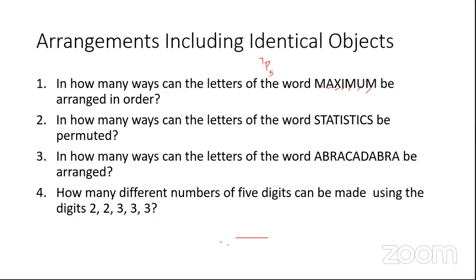Take for example, if I exchange this M and this M, if I put this M here and this one here, will it make any difference? It won't make any difference. You see the same MAXIMUM that I have. I can also do the same thing here.